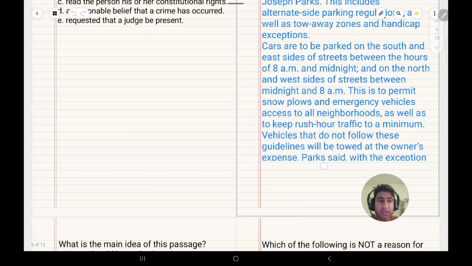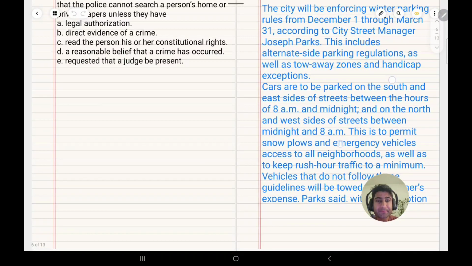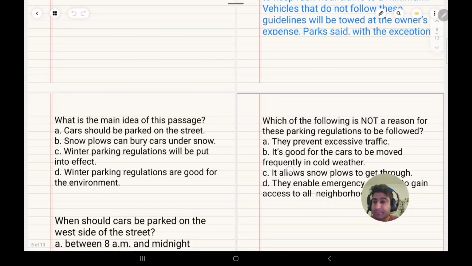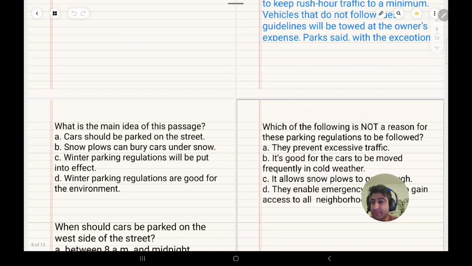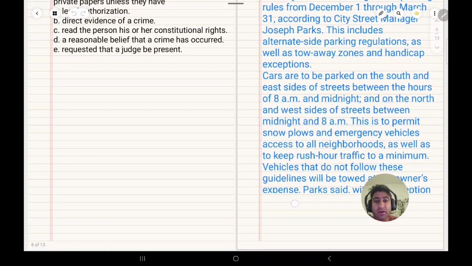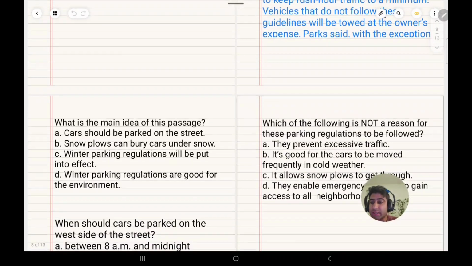I'll tell you how to find out. The option says the main idea of this passage is that cars should be parked on the street. They are telling about the timing, south, east, and all that, right? So I don't think so.